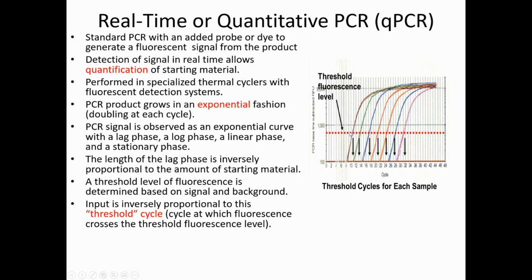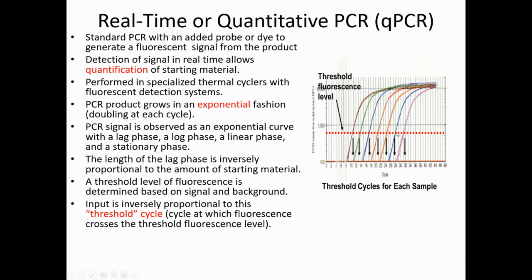The machine can automatically detect where the threshold cycle is, meaning the place where the signal is above the background. Later, when you look at the data, you will see the number. This is the threshold cycle.